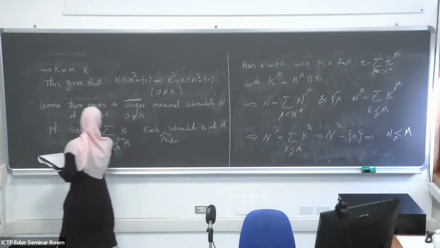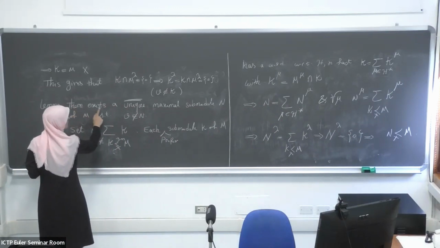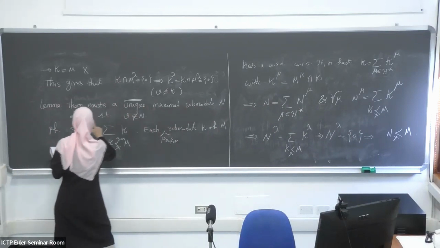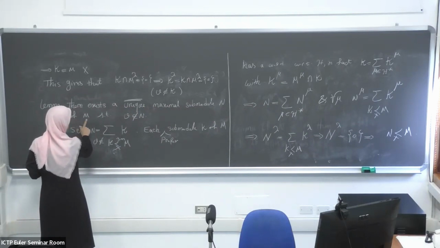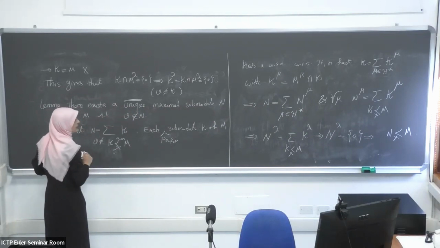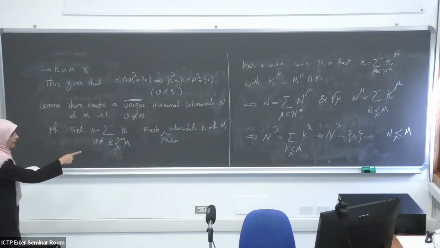We said that we want to prove there exists a unique maximal submodule N of M such that V is not an element of N, and I get N to be the summation of all proper submodules.